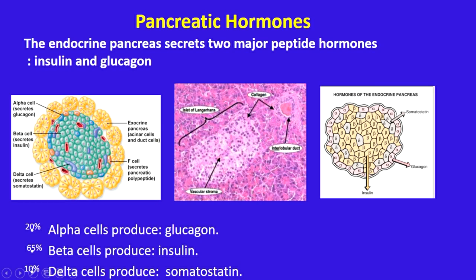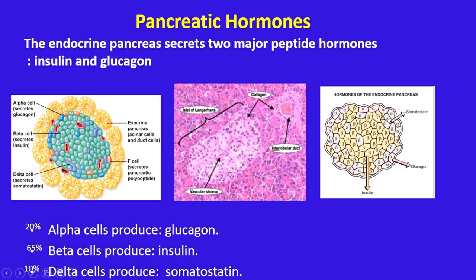Now you can see in the middle of the picture, the light pink color in the middle, that's the islet of Langerhans. The islet of Langerhans is surrounded by the exocrine portion. On the right-hand side of the picture, you can see the islet of Langerhans actually consists of 3 different cell types.